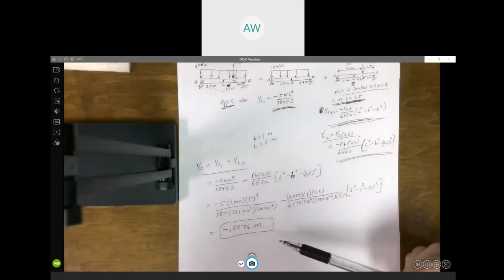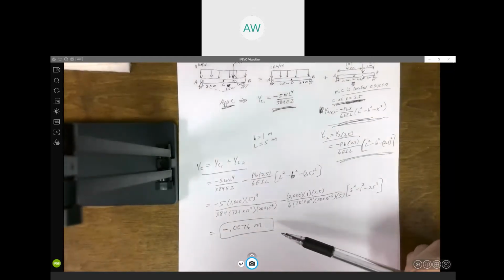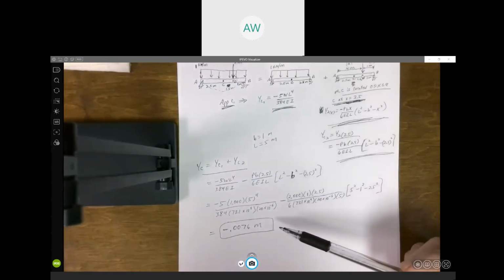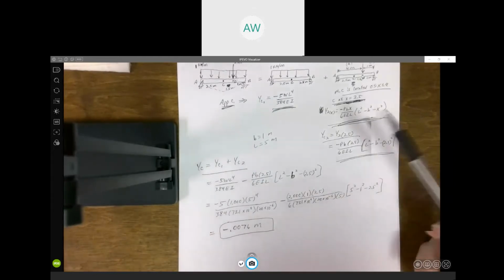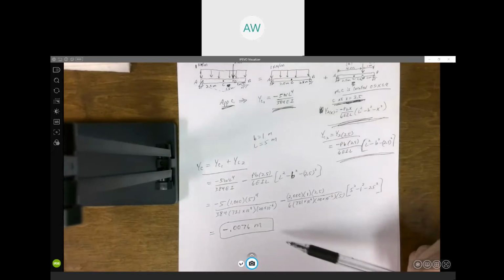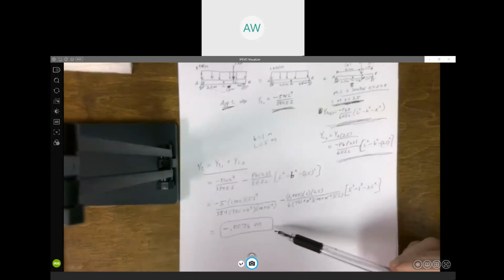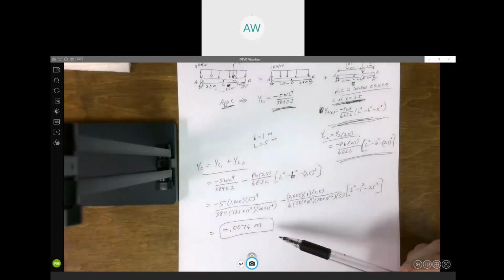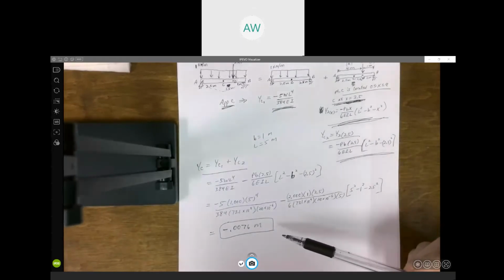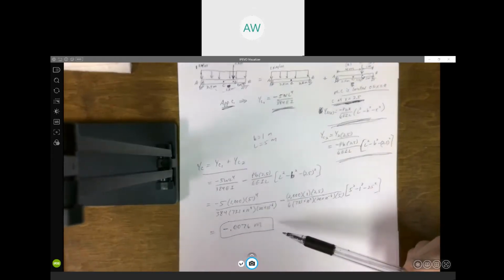And certainly, if you get something like that and you can't figure out where you went wrong, write me a note and say, I know this is way too big, but I just can't figure out what I did wrong. Because occasionally I'll see students solve a problem like this and tell me the deflection is like 760 meters. And I have to assume you think that's right, and that tells me you really don't have a clue as to what's going on.